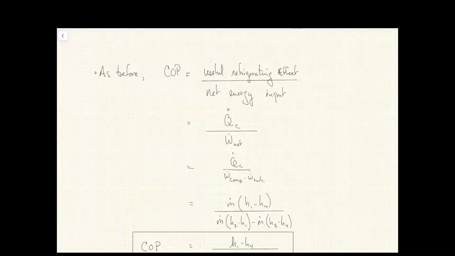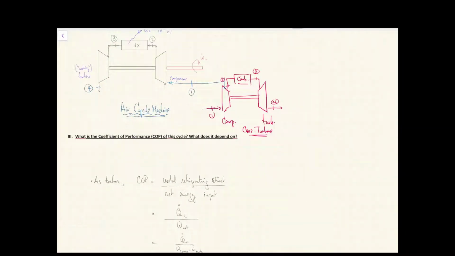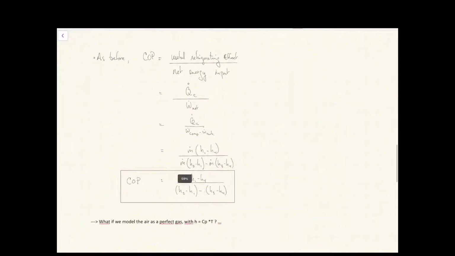The net work in, as we define it here, is going to be based on the energy coming in at the original state 1, right? Because we've got to pay for that energy at some point as well. So we're going to account for that energy.